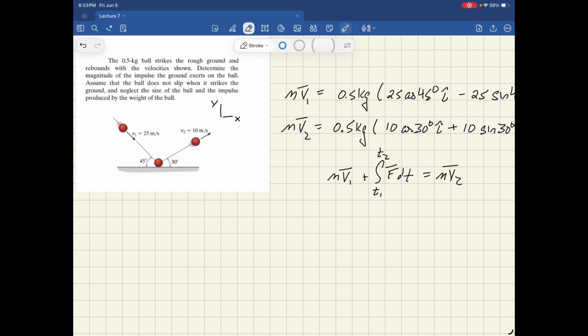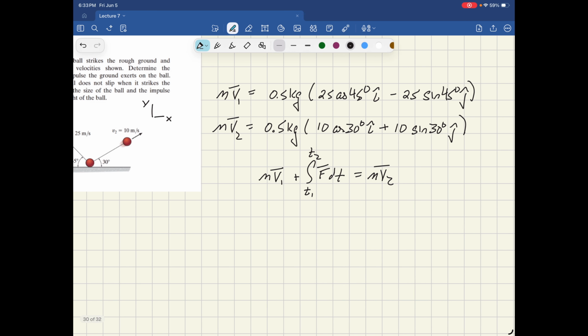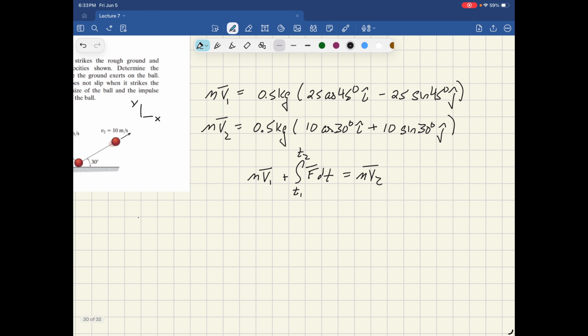So what we'll be calculating is the integral of f dt between some time t1 and t2, which will equal mv2 minus mv1.